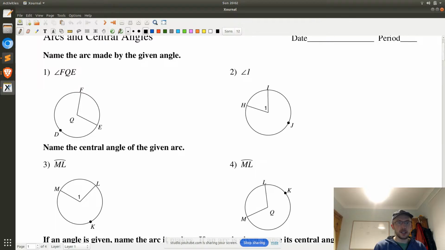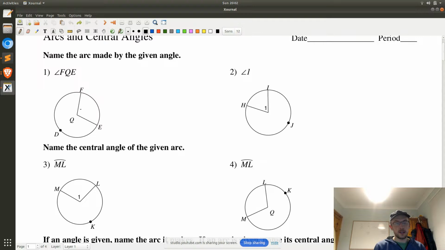So F to Q to E, depending on your convention, I was taught to go anti-clockwise, so this way, in which case it would refer to this huge major arc right there.